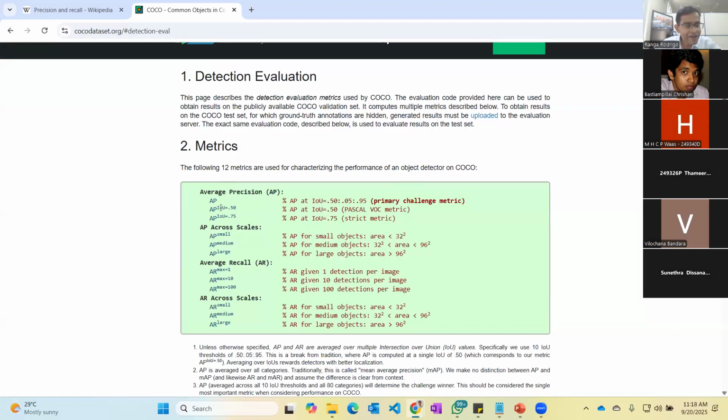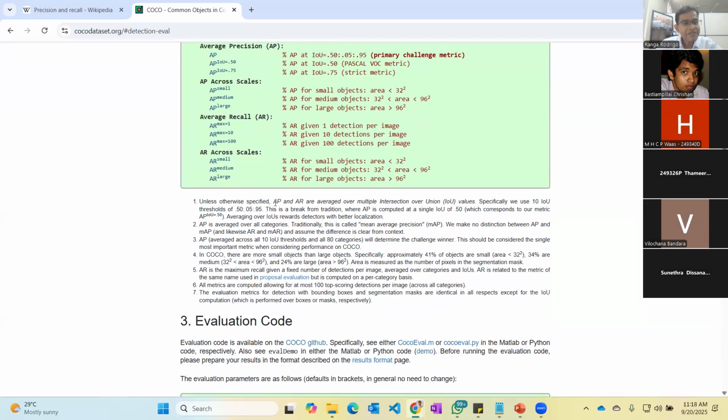And then they will have the 50% match average precision. This is actually the Pascal VOC metric of a previous data set, and they will have IOU 0.75 also. So when you say AP and they write a number, AP 50%, that means 50% overlap.